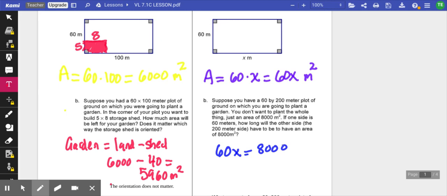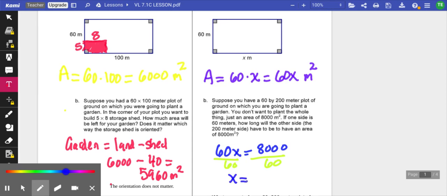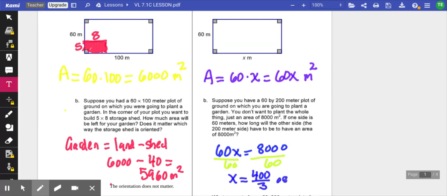So to solve this, I'm going to divide both sides by 60. So when I solve it, I get x equals 400 over 3, or 133 and a third meters.